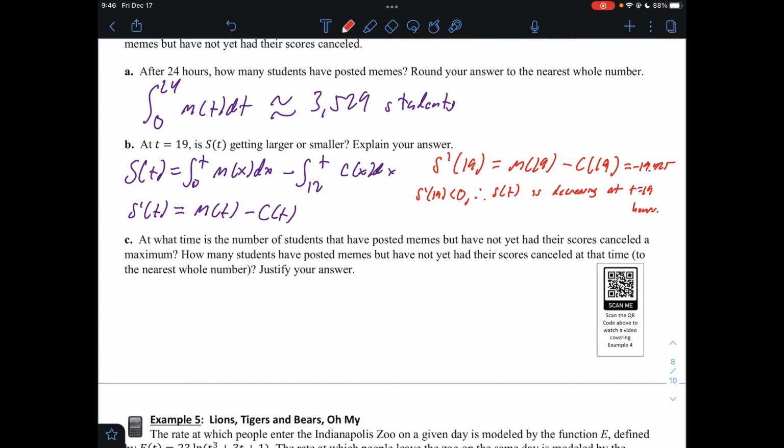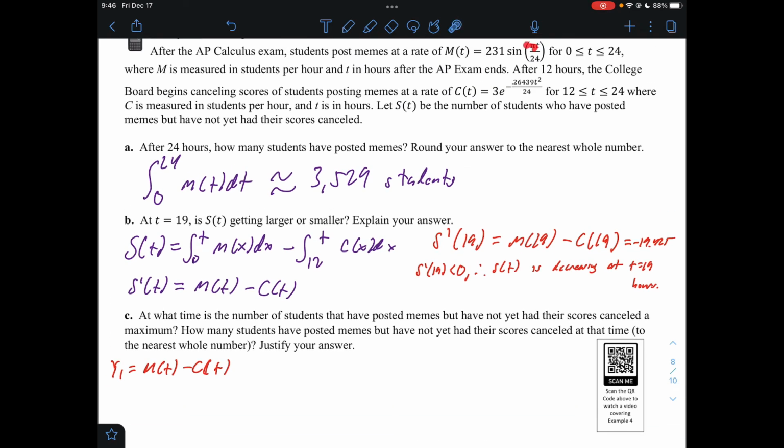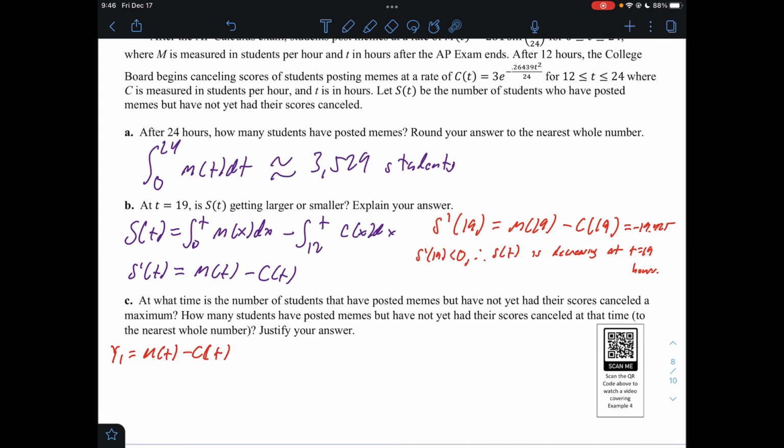So we have our calculator here, which is great. Basically what you want to do is you want to let y1, well, there's a lot of ways to do this. This is what I would do. In y1, I would type in m of t minus c of t. Okay, so basically just type out in y1 this minus this. And since we already know what s prime of t is, we want to know when that would be 0. So when would this be true?